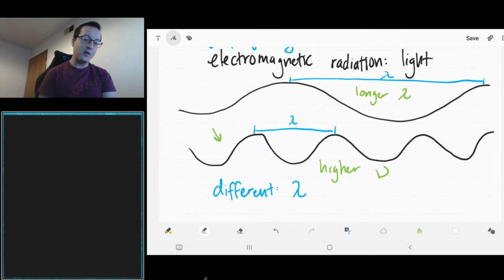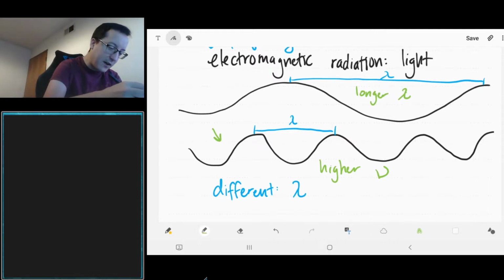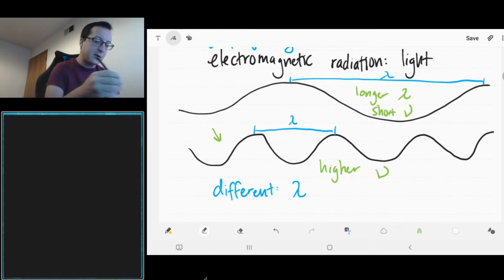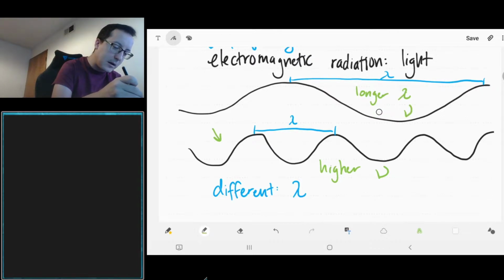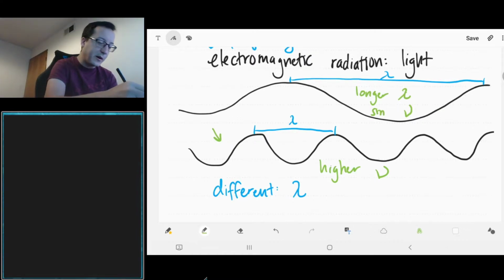And therefore, we can have a relationship between frequency and wavelength, right? We see that if you have a longer wavelength, you're going to have a smaller frequency.